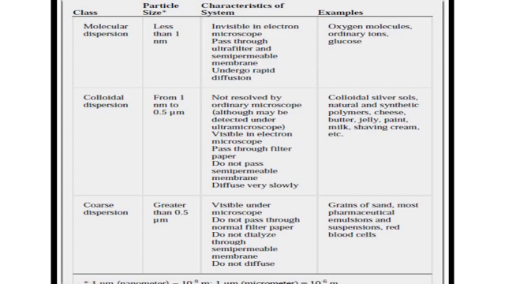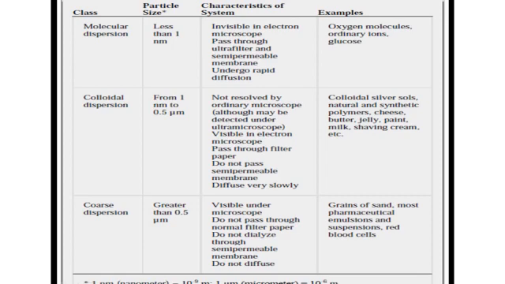The next system is the colloidal dispersion. The size of the colloidal dispersion ranges from 1 nanometer to 0.5 micrometer. You cannot see the colloidal system with a general microscope, but using an electron microscope, you can easily observe the colloidal particles.